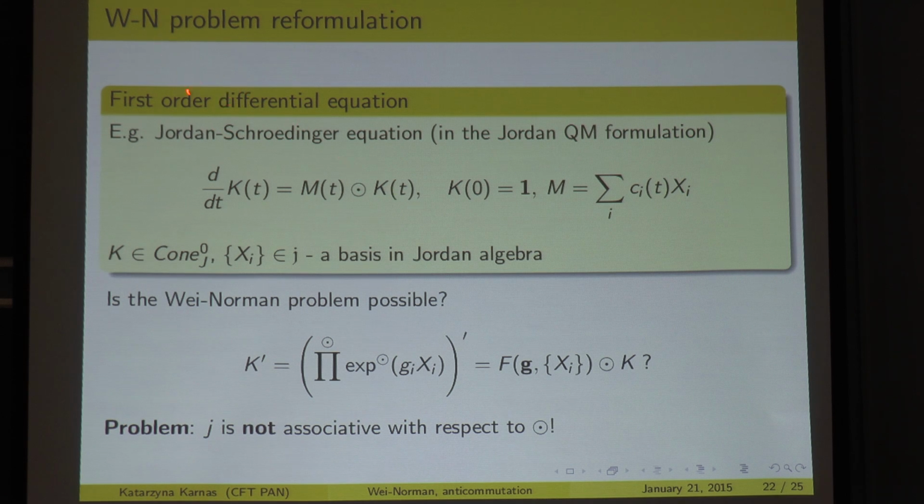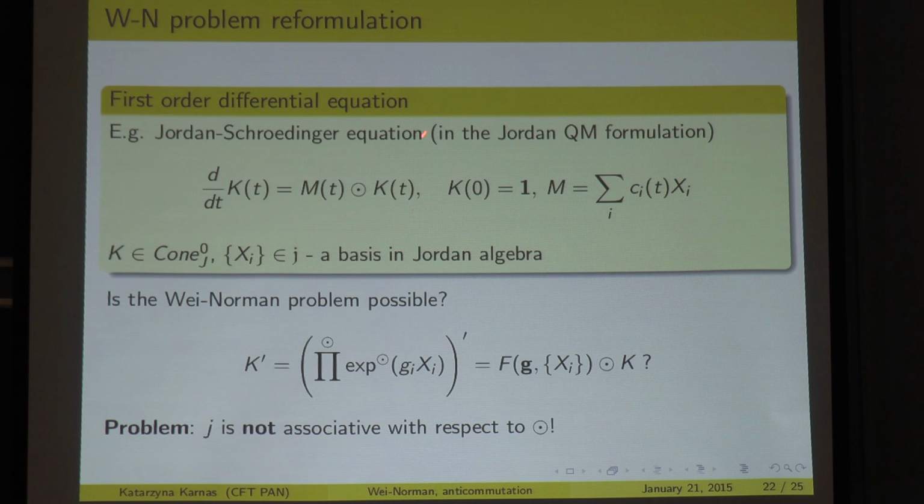And then the Wei-Norman problem could be reformulated for Jordan algebras with respect to the Jordan product. And this is a first order differential equation. It occurs, for example, in the Jordan quantum mechanics formulation.